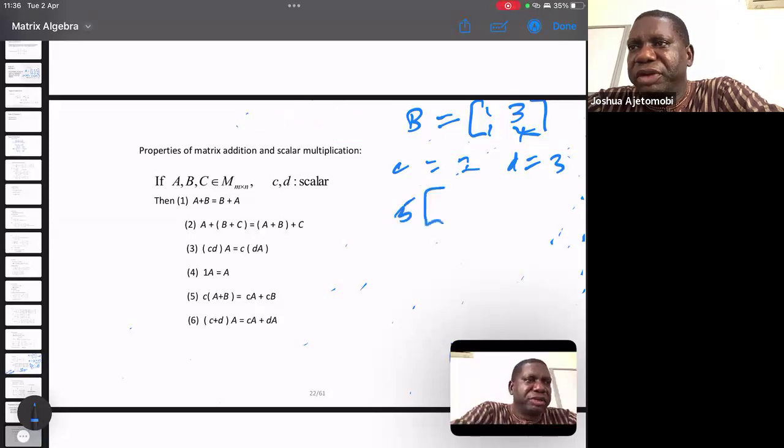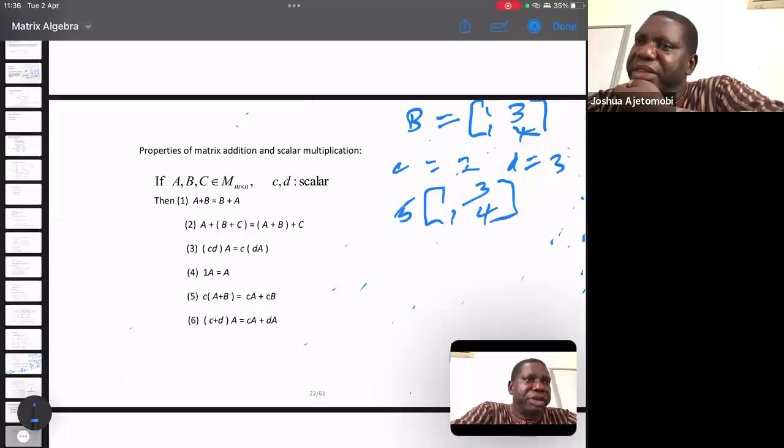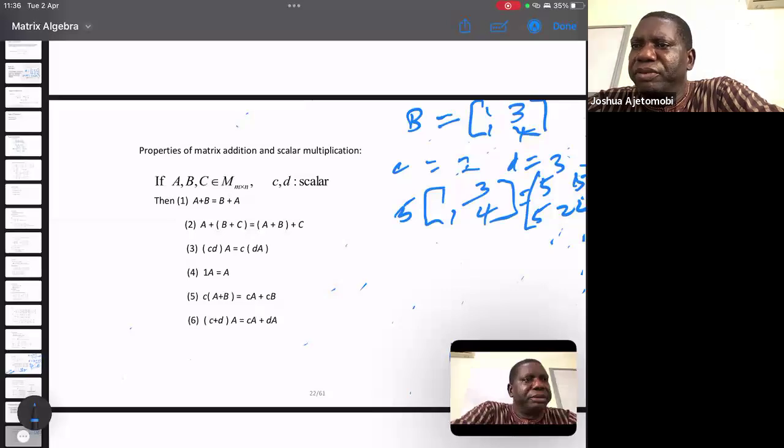So 5 multiplied by B, with B being 1, 3, 1, 4, will give us 5, 15, 5, 20. It's very clear. And now let us try to multiply B by 2.